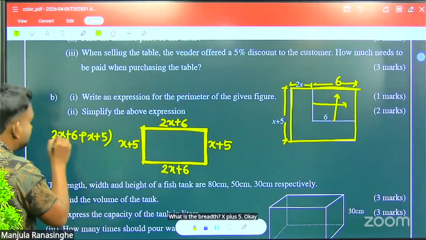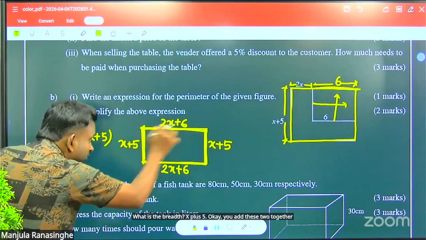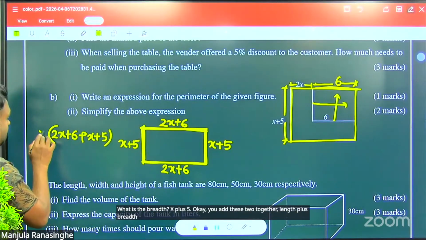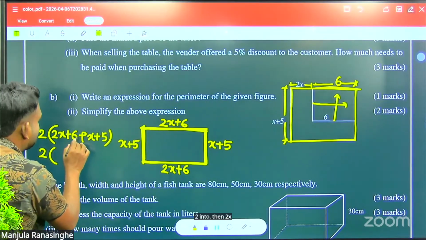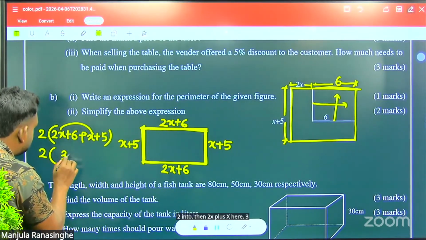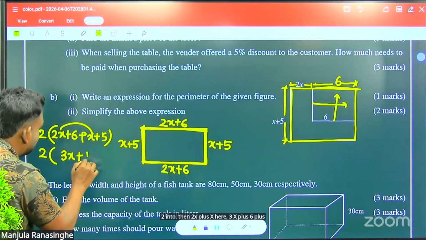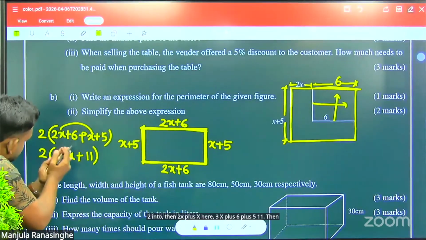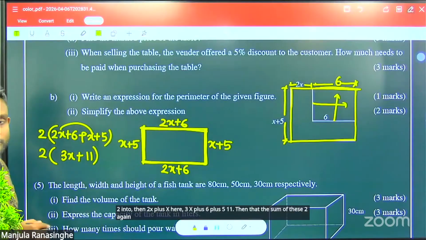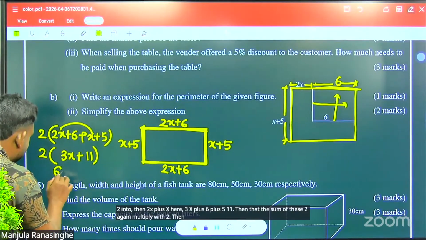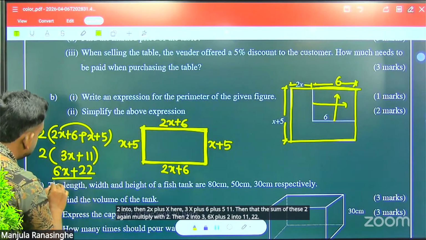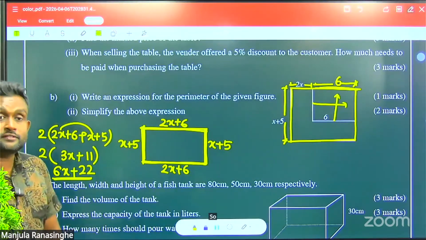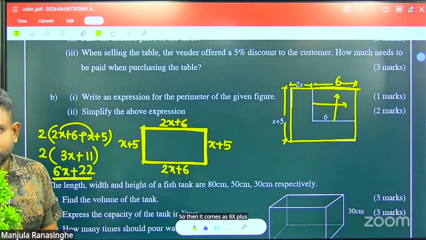Okay, you add these two together, length plus breadth, and then multiply by 2. 2 into, then 2x plus x, 3x, plus 6 plus 5, 11. Then the sum of these two again multiplied with 2. Then 2 into 3x is 6x plus 2 into 11, 22. So it comes as 6x plus 22.